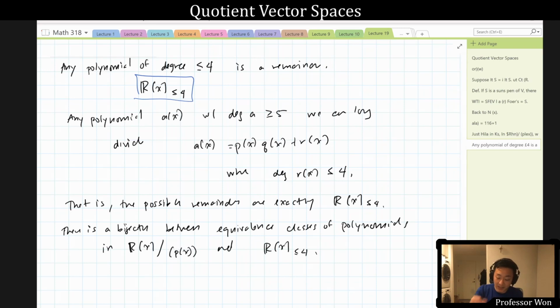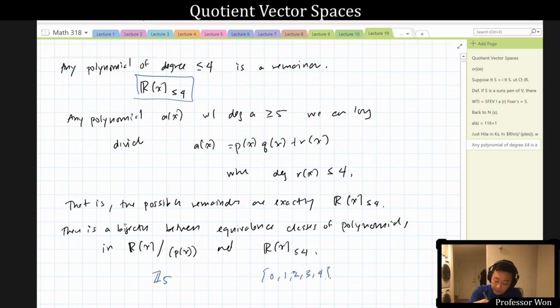Again, the thing to think is there's a bijection between the equivalence classes of integers in Z mod 5 and the set 0, 1, 2, 3, 4. Exactly the same thing. These are all the possible remainders you can get. All the possible remainders you can get when you divide by the polynomial p of x is just every polynomial of degree less than or equal to 4.